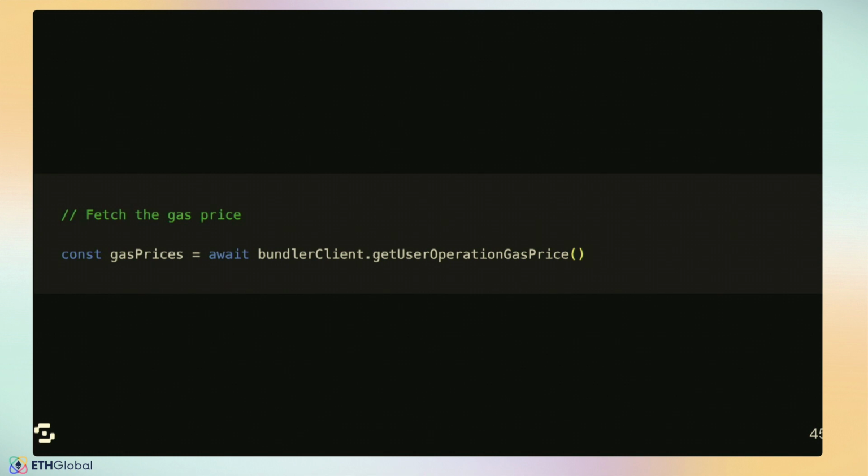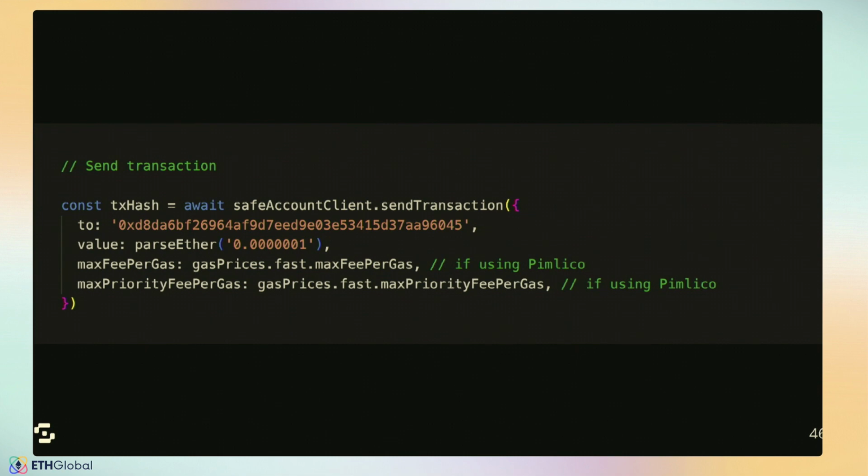After that, we can get the gas prices using the bundler client and the method get user operation gas price. And the last thing, if we want to execute it, we can use the Safe account client we initialized before, call the method send transaction, and here we can define our transaction.